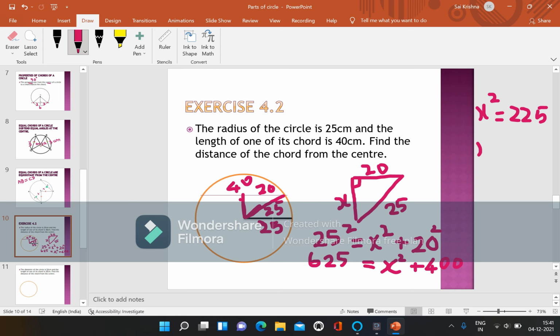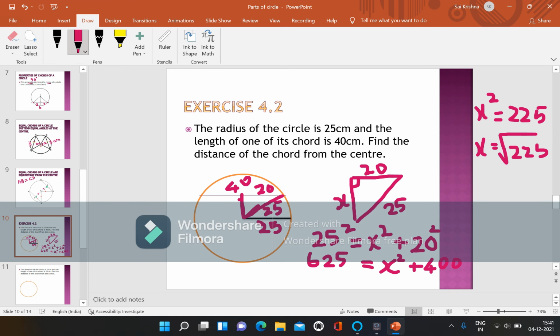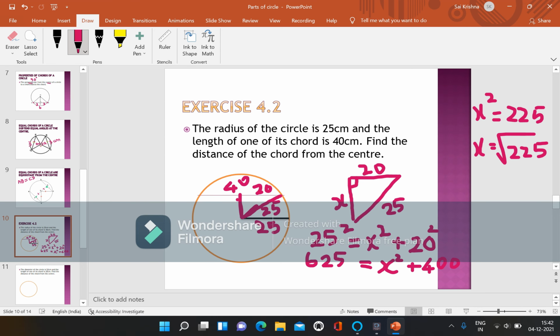So x is equal to square root of 225. 225 is the square of 15. So x is 15. So the distance of the chord from the center is 15 centimeter.